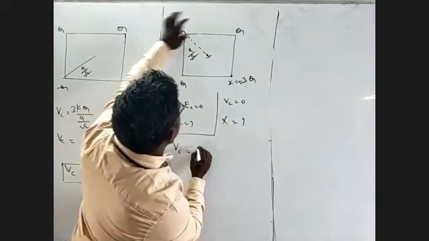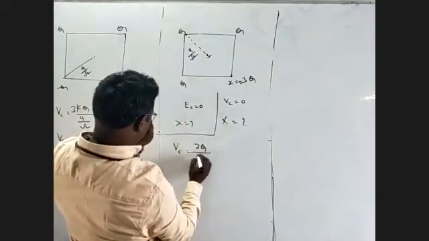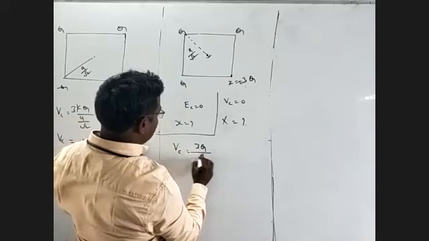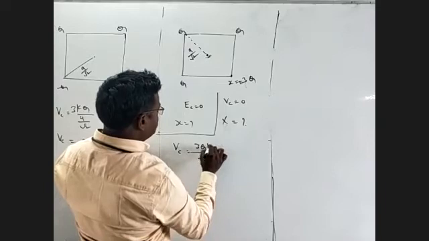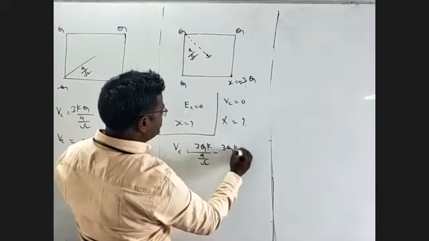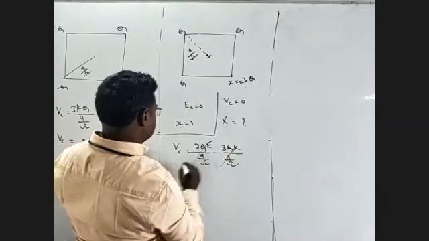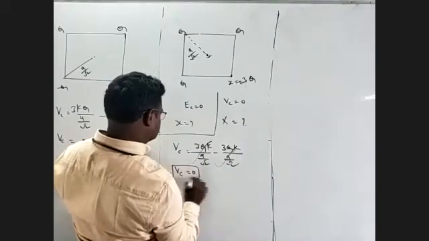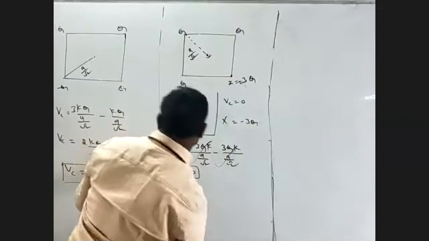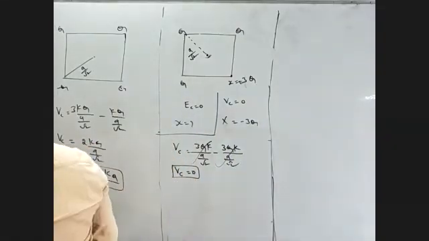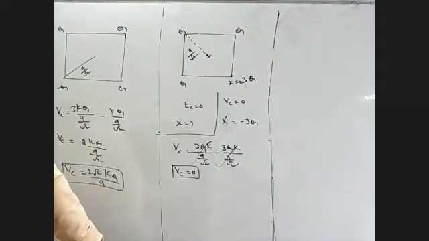That is 3Q K by A by root 2, minus 3Q K by A by root 2. They cancel each other. So VC is equal to 0 at the center point, and the X value is equal to minus 3Q. That is your answer.